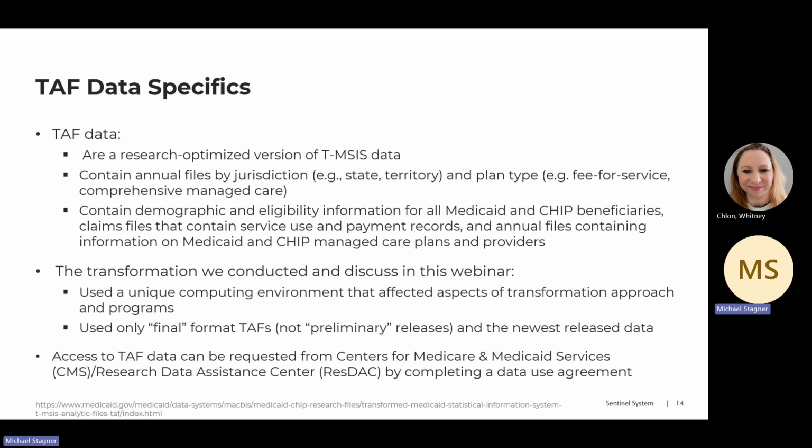And also the VRDC computing environment available to Sentinel is labeled as a federal contractor level, and so the data structures may be slightly different, and the computing resources available may be different. So the code that we'll take a look at later may need to be modified for yours or another user's specific purposes.